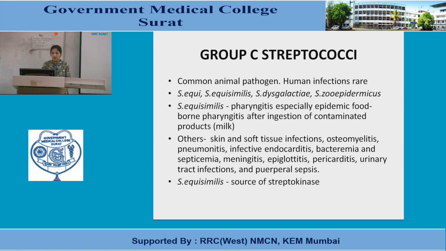The important one in this group is Streptococcus equisimilis because it is a major source of streptokinase. Streptokinase is used for medicinal purposes, like in myocardial infarction or any thrombus condition, as a thrombolytic agent.